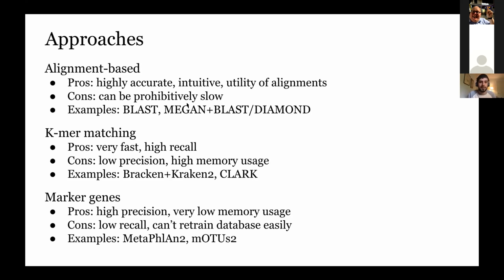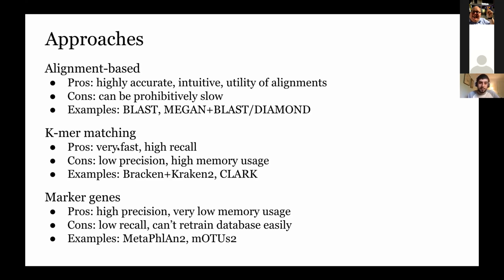Another method is MEGAN, which is based on alignments that you can produce with BLAST, or with the protein alignment method DIAMOND. More recent approaches have been developed that deal with this efficiency issue. One of them I call K-mer matching. There are a lot of different ways you can use K-mers, but I'm referring to the way Kraken 2 and CLARK do.